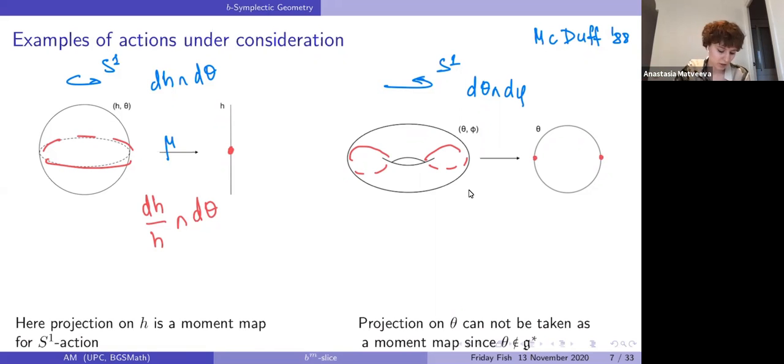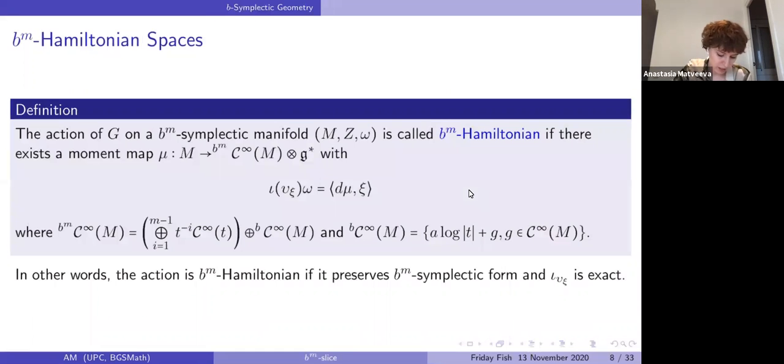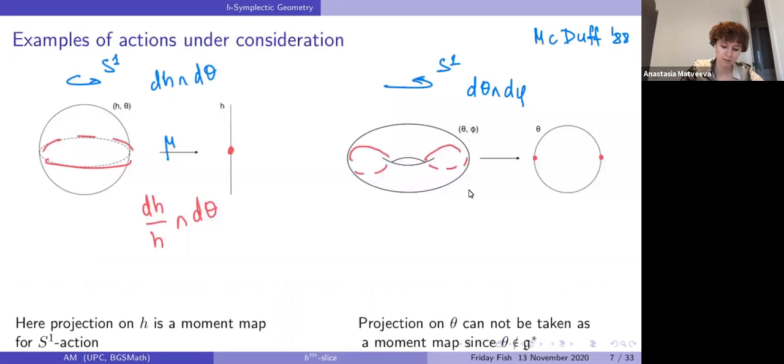Okay, so let's define the moment map that we want to construct. Basically, in simple words, our action should be called BM Hamiltonian if it preserves the BM symplectic structure, and if the contraction with the fundamental vector field is still exact. That's basically what's written here. But to understand where it maps, because in this situation, for example, it mapped not to the Lie algebra dual but to S1 itself.